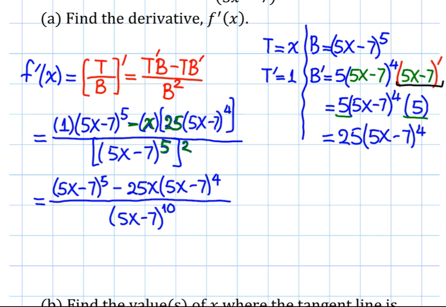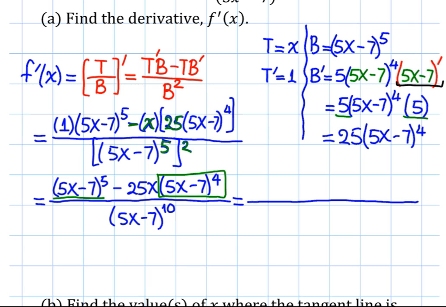Now all of them have 5x minus 7. I will factor what we can on the top. The top has 5x minus 7 to the 4th power, and this also has 5x minus 7, but to the 5th power. So one term has 5 factors, one term has 4.